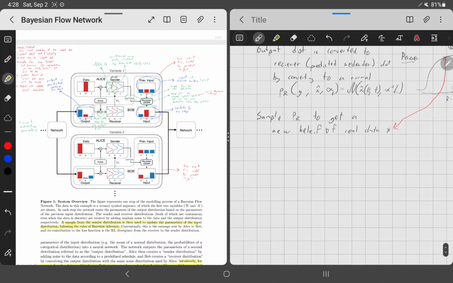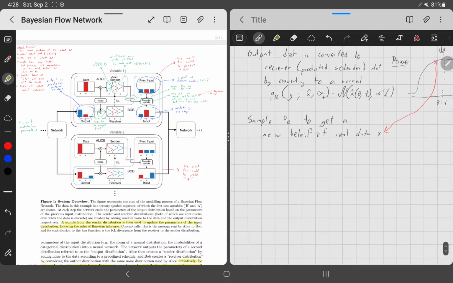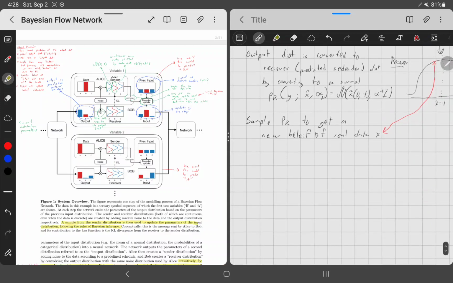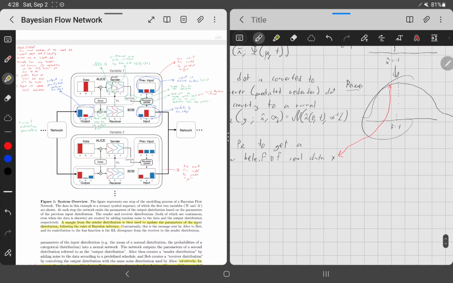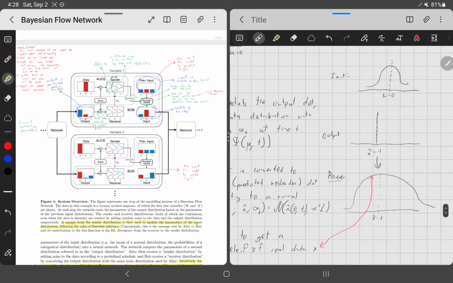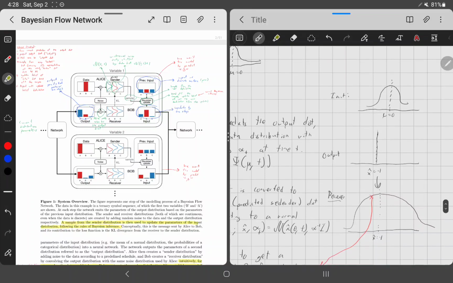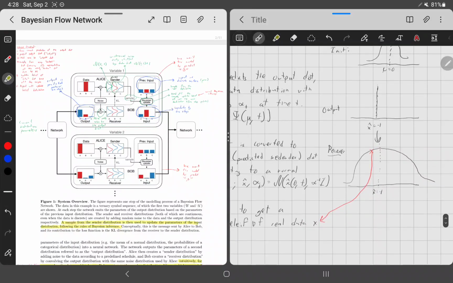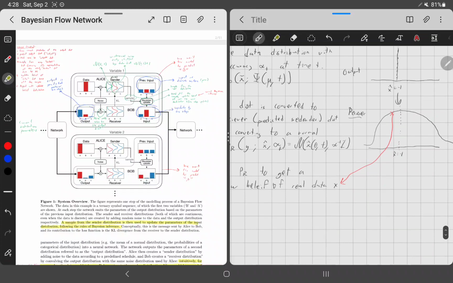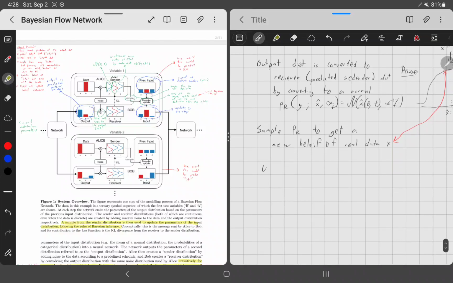So remember, our model took our initial estimate, it predicted some mean value, and then we added a little bit of noise, we made this normal distribution, and then we sampled from this normal distribution to get a prediction which we're going to use to update our initial estimate. Now, you update the initial estimate using Bayesian inference, which is why it's called Bayesian flow.